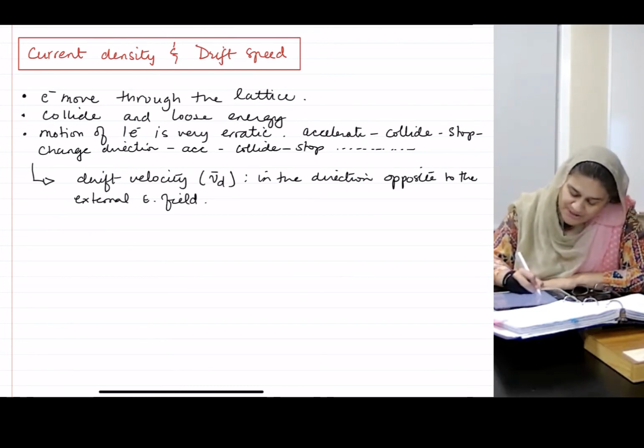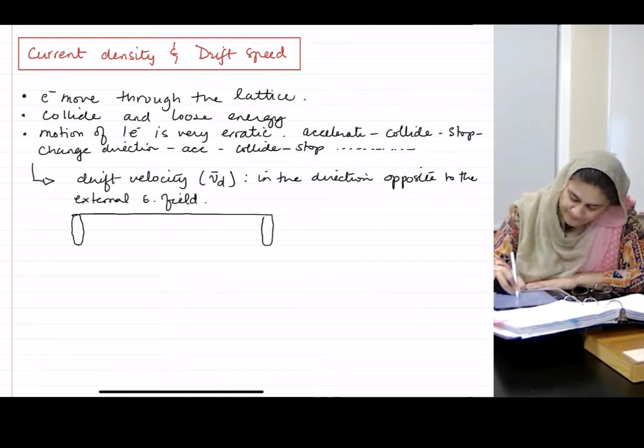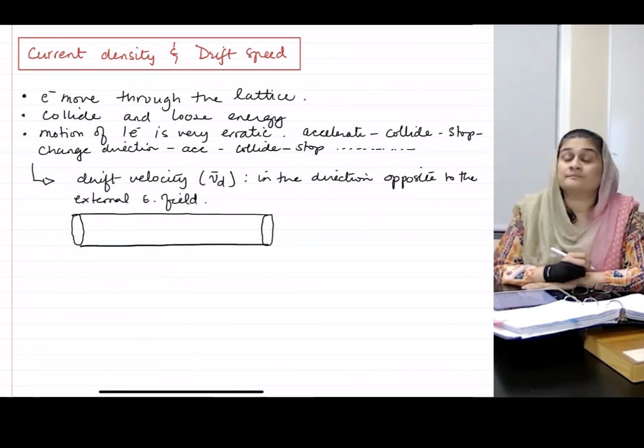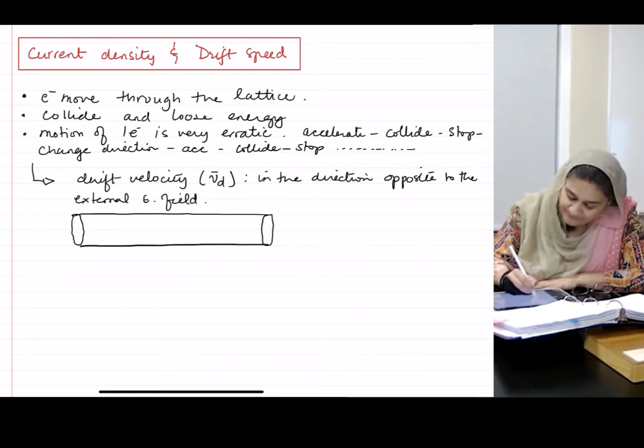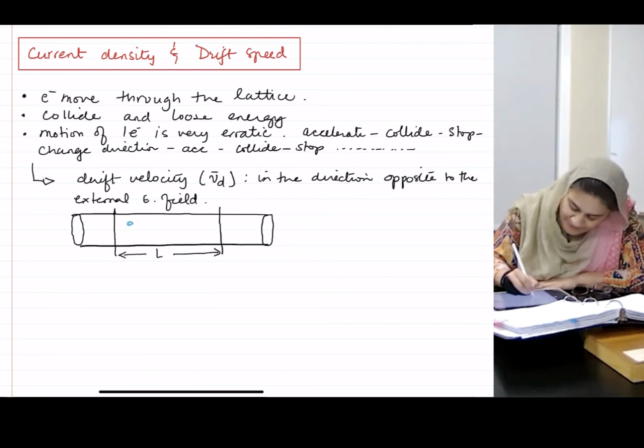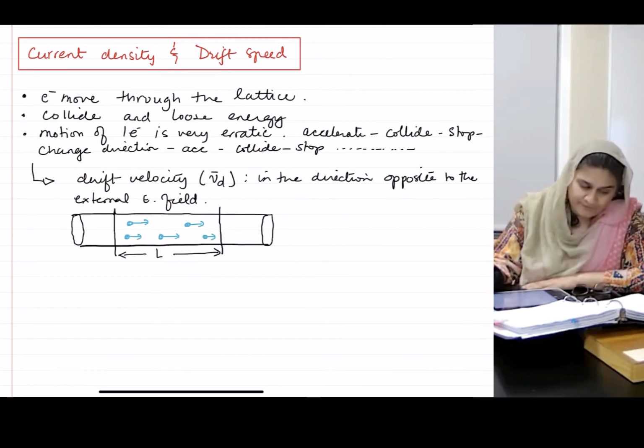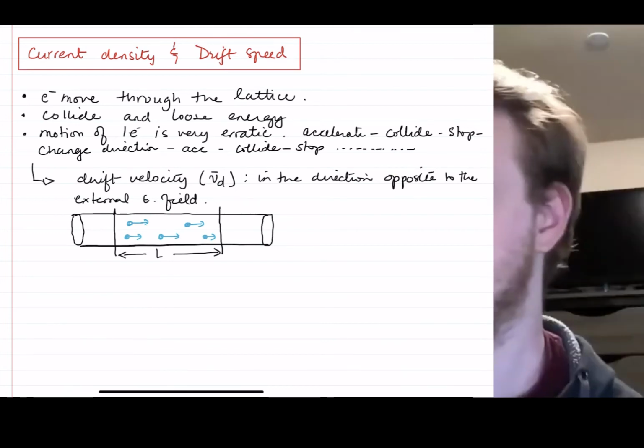So let's take a cross section of a wire. And let's say I take this length, L, and I am only looking at electrons in here that are moving. So can people tell me the direction of the E field?